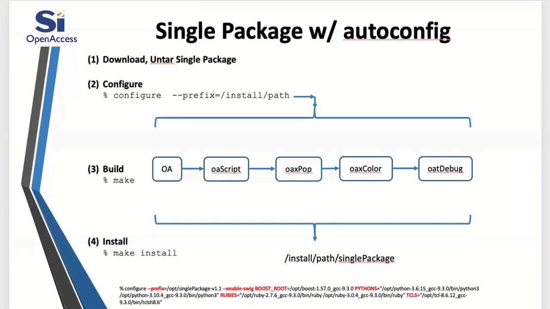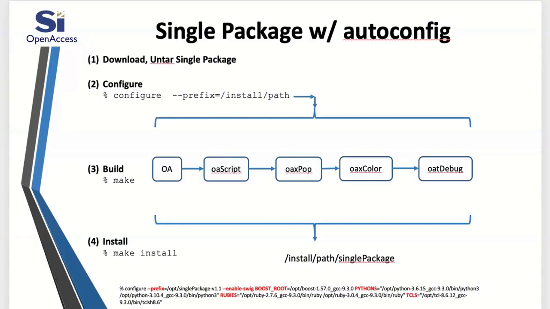So what I've been working on is creating a single package that can be downloaded, untarred, and then use the industry standard auto configure with some command line options that are specific for your build to look at your system, look at what you've got installed, look at the versions of the different things you have, and automatically set up the configuration for your builds.